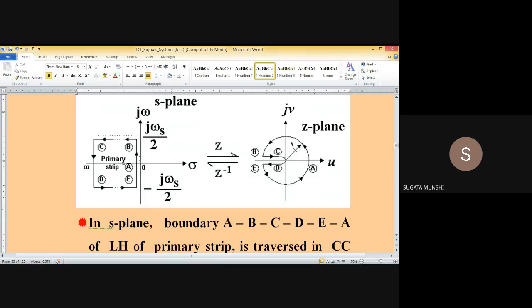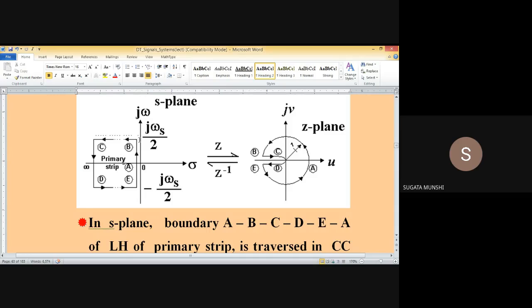As we are traveling upward, sigma is remaining constant and omega is changing. So the magnitude of Z will remain constant at 1, and we will be traveling in this direction. The angle omega tau is increasing from a value of 0, becoming more and more positive until you reach the point B.